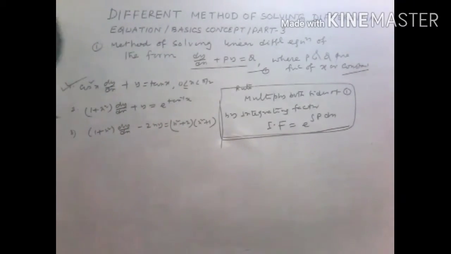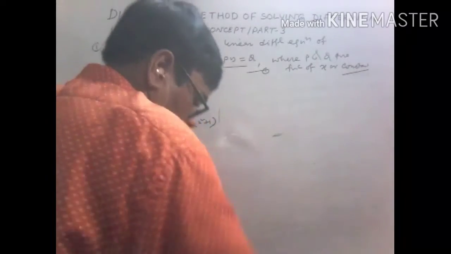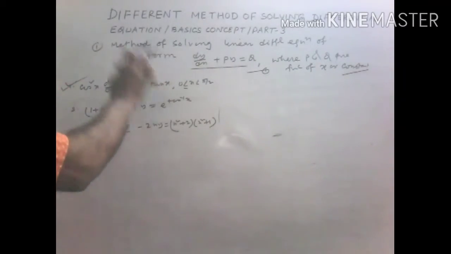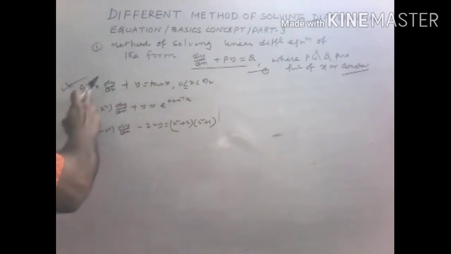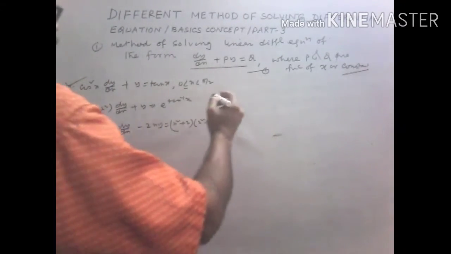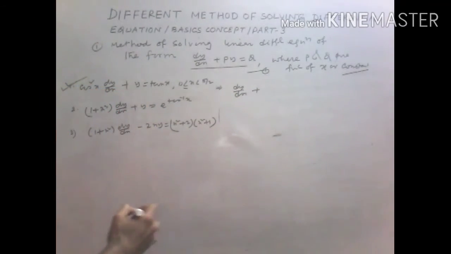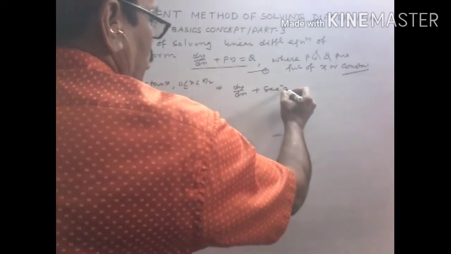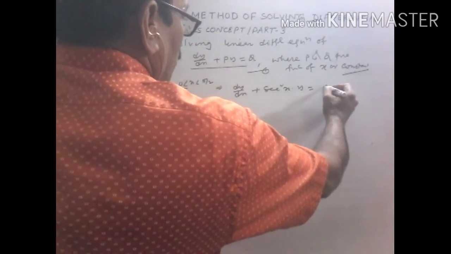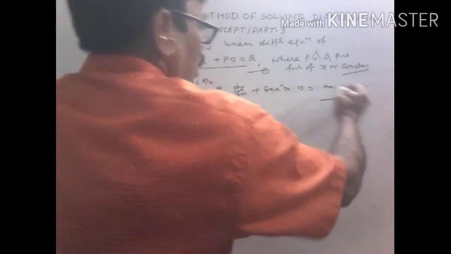So consider example 1. cos square x dy/dx plus y equals tan x, x not equal to pi by 2. So it is not in standard form. So divide by cos square x. This implies dy/dx plus 1 by cos square x, that is sec square x into y, equals tan x sec square x.